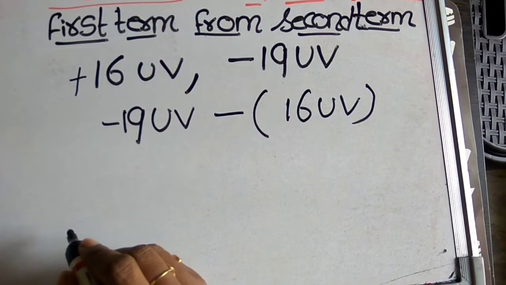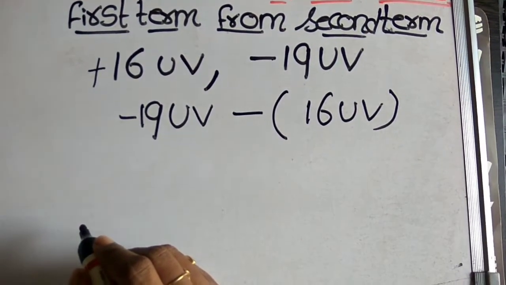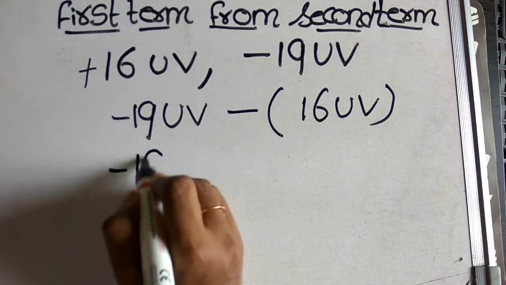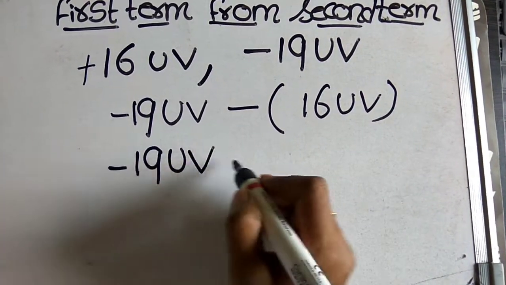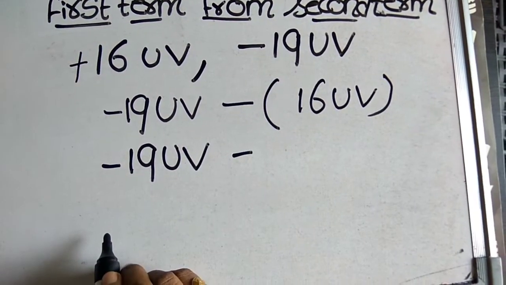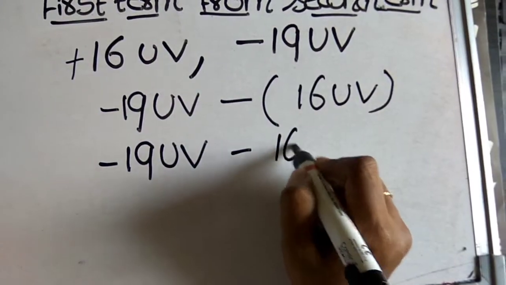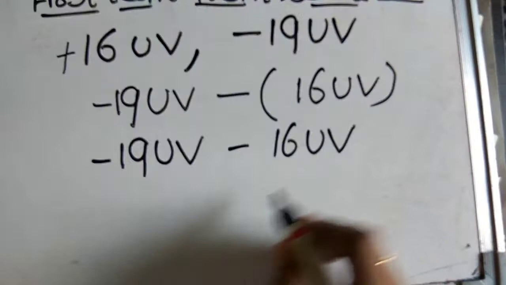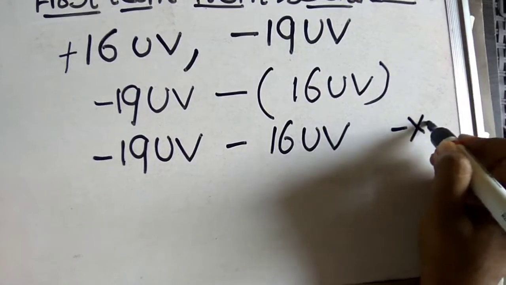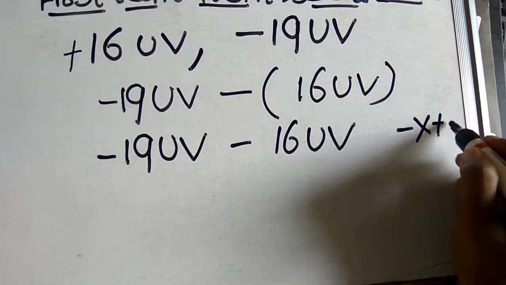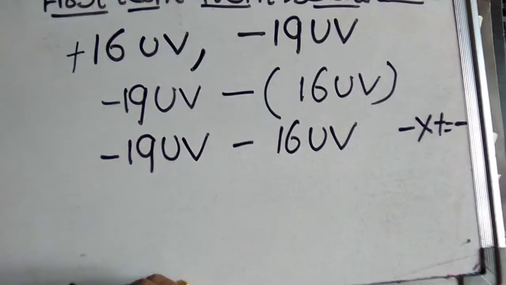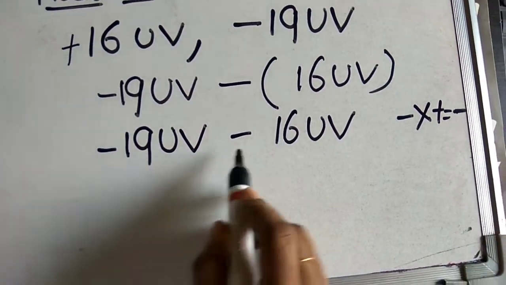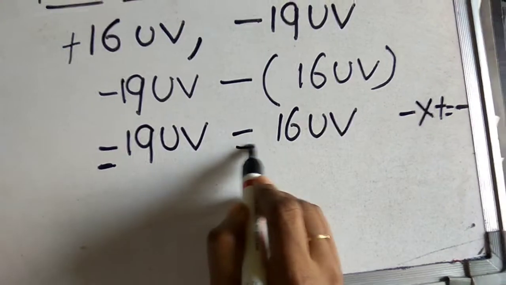Now what we have to do? We have to subtract both terms. So minus 19 UV minus 16 UV. And if you don't know what symbol you will get here, you have that rule. So minus into plus always gives minus. So here also we are doing minus. The bracket always represents multiplication.